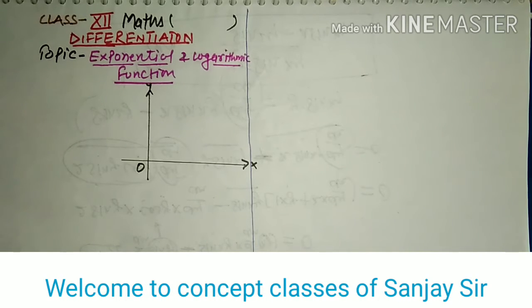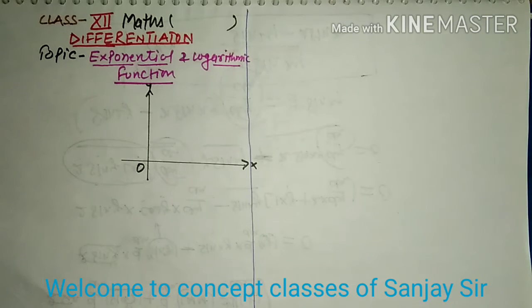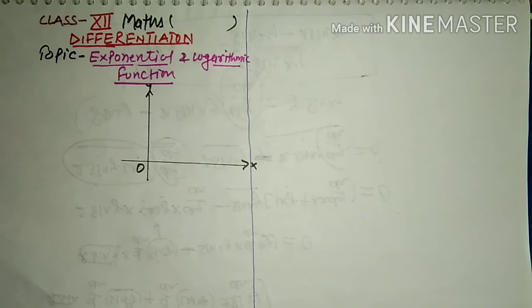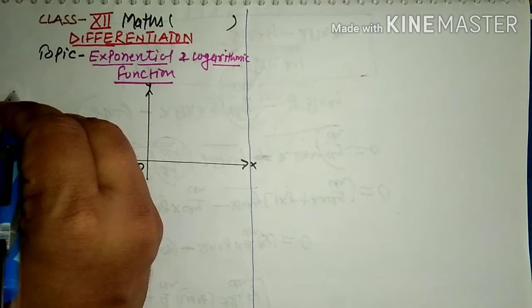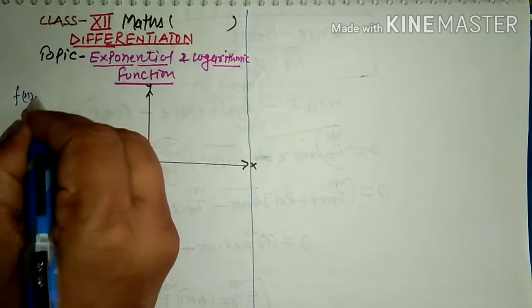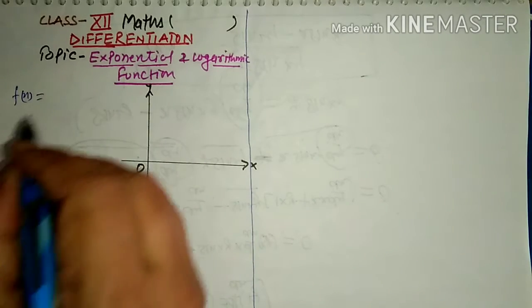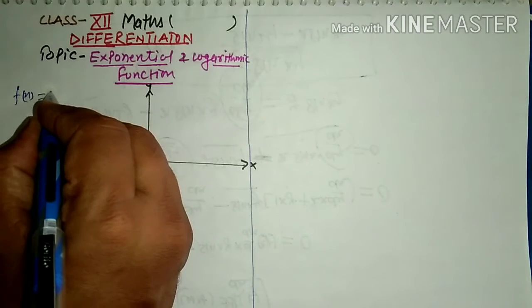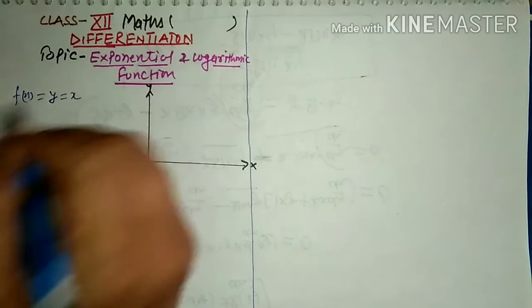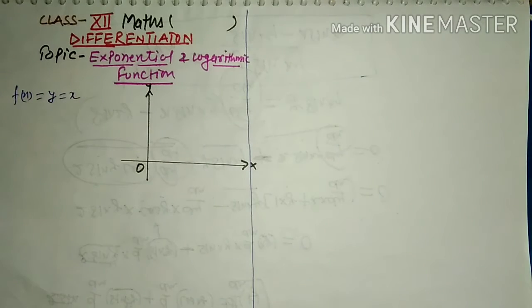To understand the exponential function, first of all we will understand a series of functions, how they behave, their graph. Clear? So let me draw y is equal to x, the graph of this.